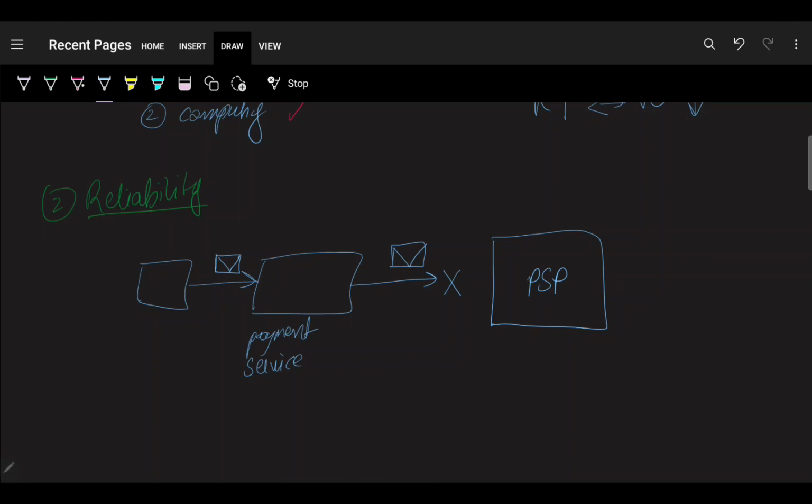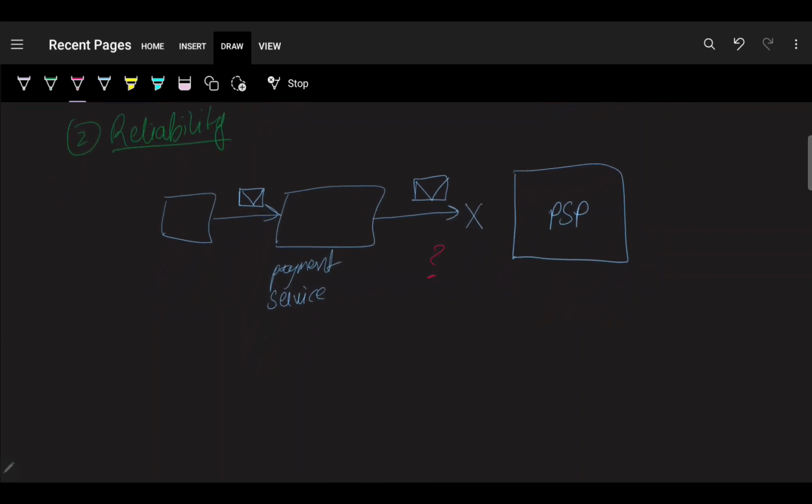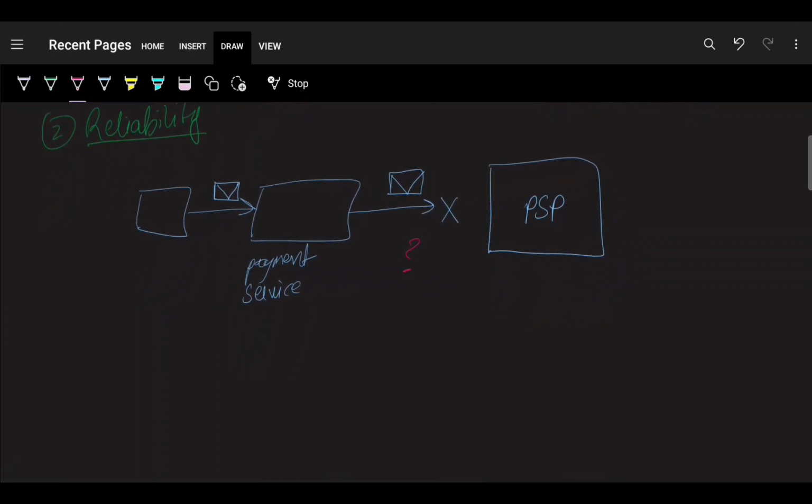So what happens next? That's the question, or these are the solutions that we're going to explore within the whole reliability section.